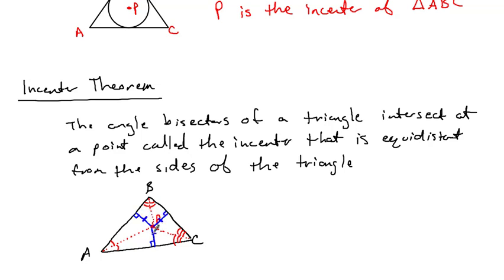So that's the same, that's the same, that's the same. So D, E, F, and we would say that PD is equal to PE is equal to PF. Or you could say PD is congruent to PE, and that's congruent to PF.